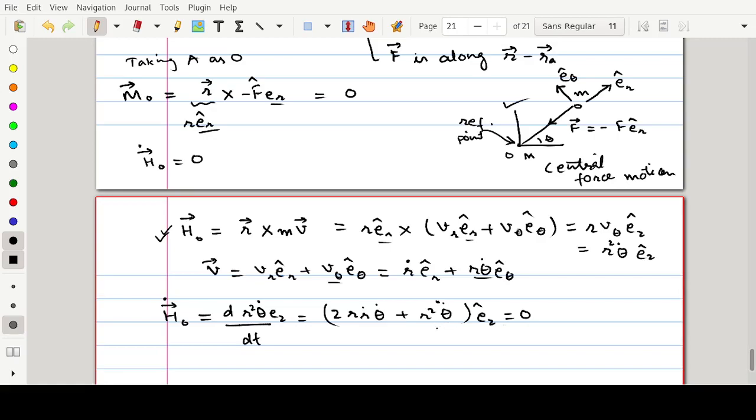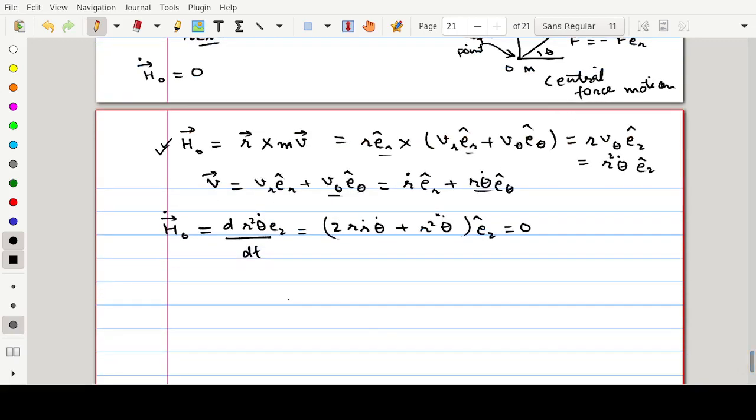This is one form of conservation. Another form is that HO is a constant. Using that, R squared theta dot e_z is equal to a constant.